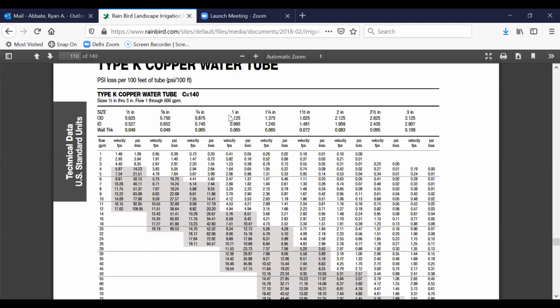How much? 14. So for a 1 inch pipe, you're saying 14 without going over 7.5 feet per second. What are you saying, Dylan? It's 6.57, but you don't want to go over 7.5.